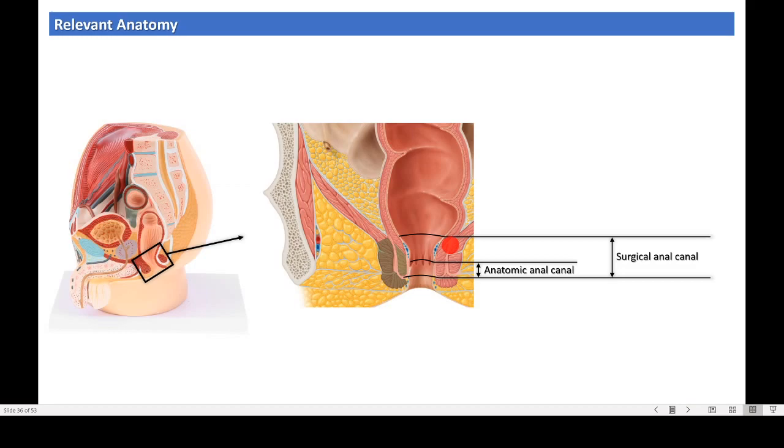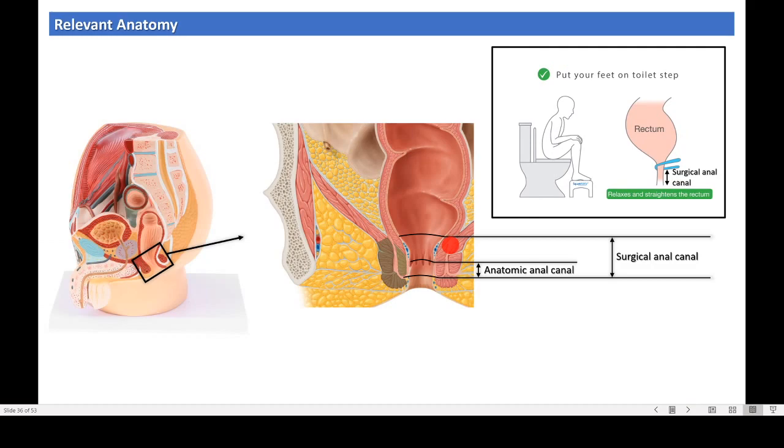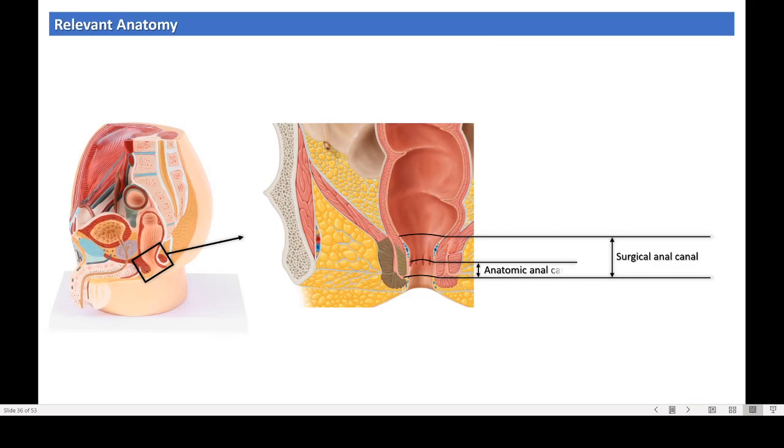So the surgical anal canal takes into account the surrounding muscles that are critical to performing surgeries like LARs or APRs or fasciotomies. The red circle here is the anorectal ring, and it's where the superior fibers of the internal and external sphincters and the puborectalis muscle meet. And you can see the sagittal view here, the blue sling is the anorectal ring. So for the rest of the presentation, we refer to the surgical anal canal.